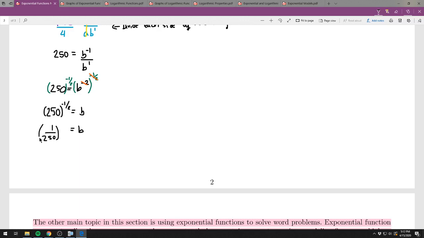So if we make the inside 1 over 250, it switches the sign on the exponent. So this might be some review of exponent rules you haven't seen in a while. Right, most people don't like looking at negative exponents. They prefer positive exponents.